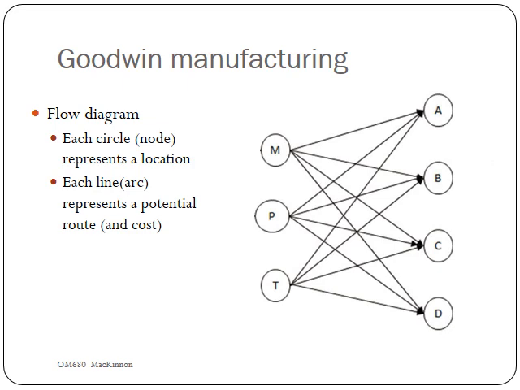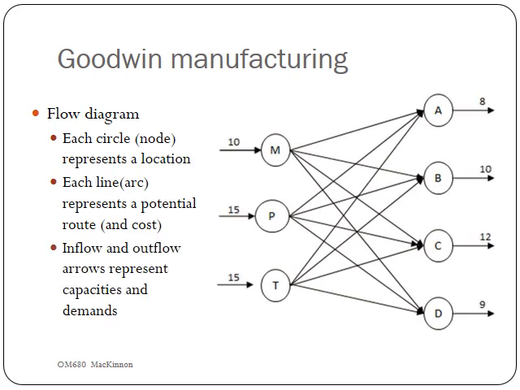So that matrix of costs you saw on the previous slide are these routes. Inflow and outflow arrows represent capacities and demands. So the 10, 15, and 15 on the left represent your capacities. Those are what is available at our sources. And then the outflow on the right, 8, 10, 12, and 9 represent our demands. That is what has to come through those locations.